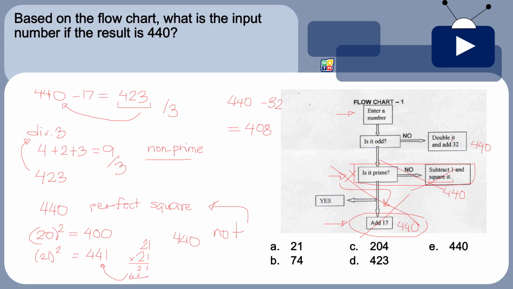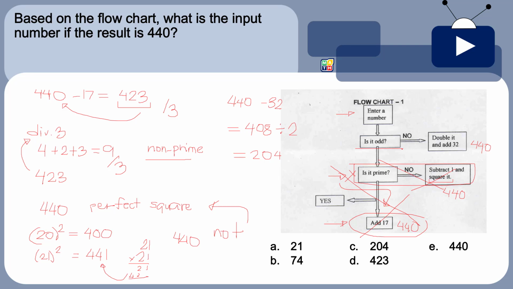Then, since it is a result of doubling, we are going to divide it by 2 by reverse operation. You will have a result of 204, right?